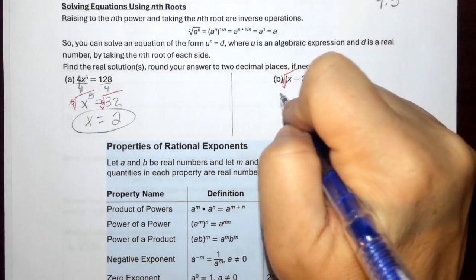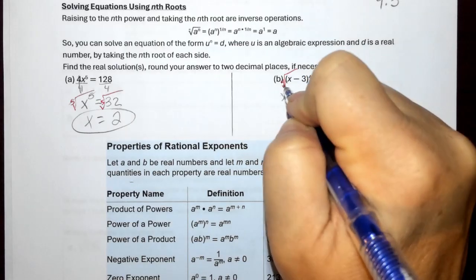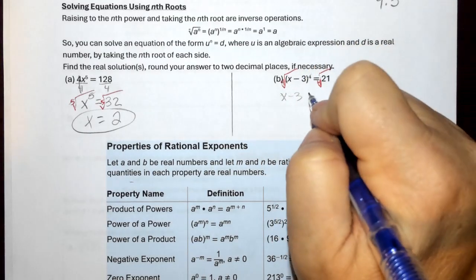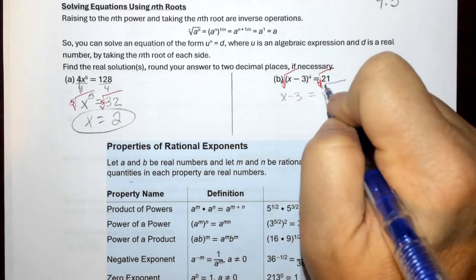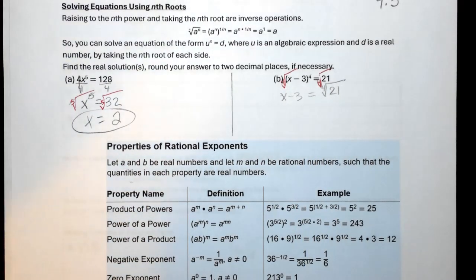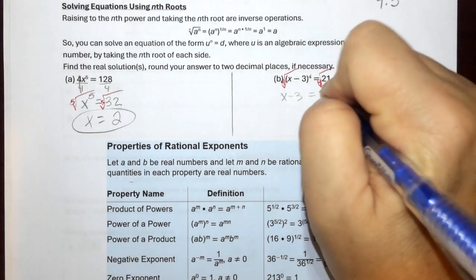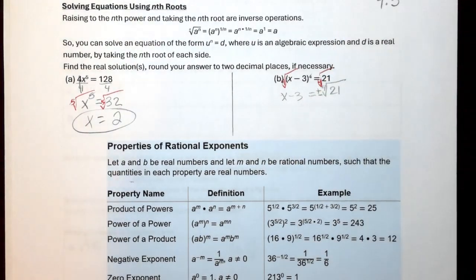So we end up with x minus 3, because remember this cancels that out, and we have equals the 4th root of 21. There is no number times itself 4 times that equals 21, so we're just going to leave it like that. Now, because this is even, we're also going to put in a plus or minus.